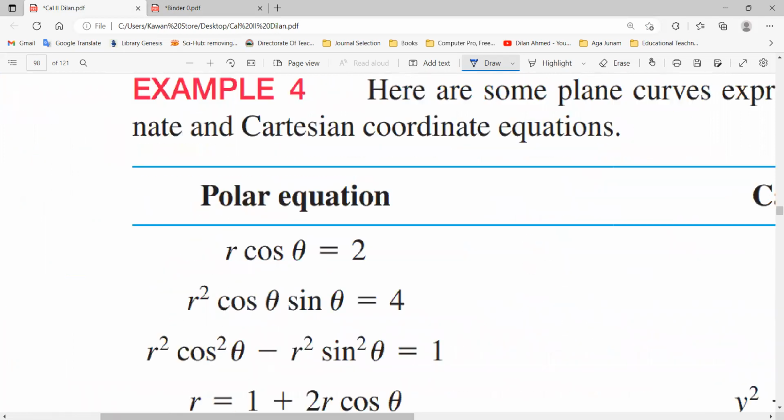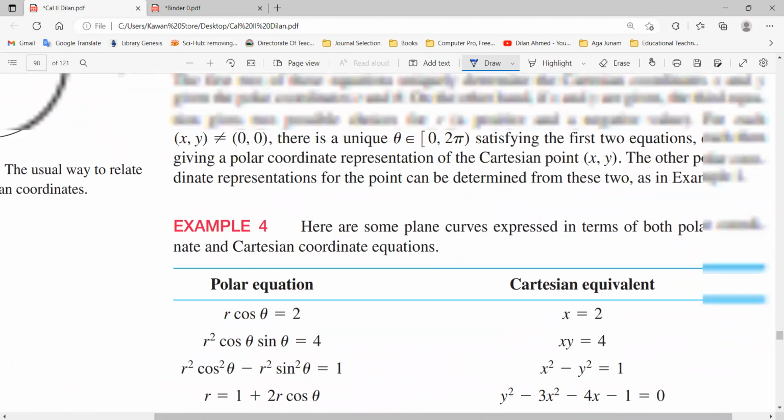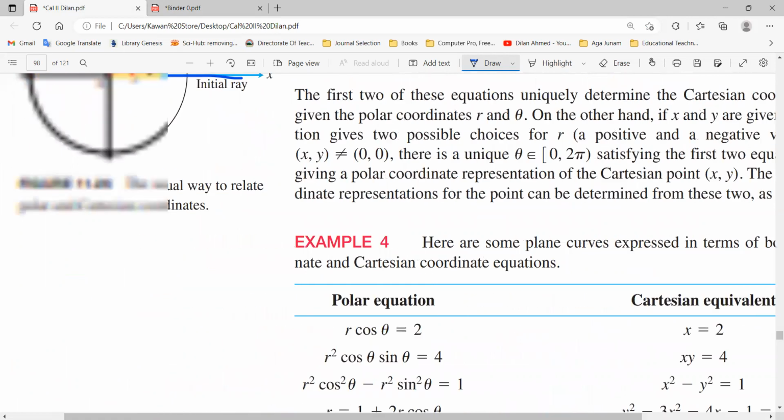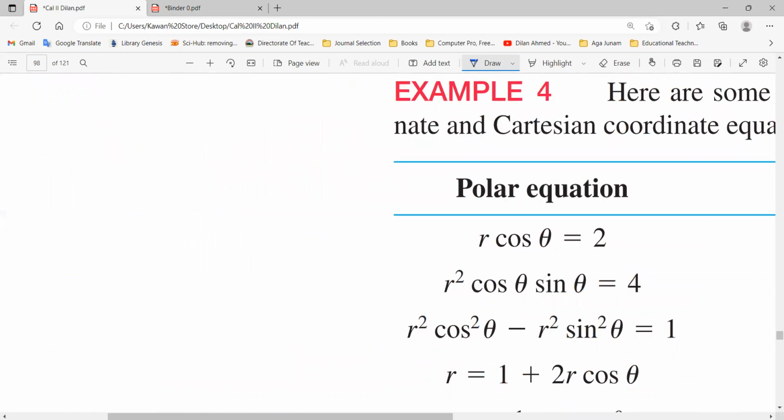Now, look at here. For example, the question is: here are some curves expressed in polar coordinates, and I say change to Cartesian coordinates during the exam. So it means from r, theta to x and y. This is the polar r theta. Change it to x and y. So how?